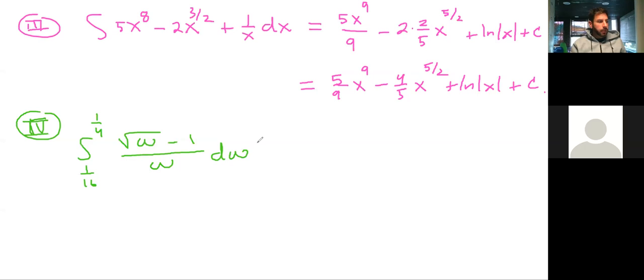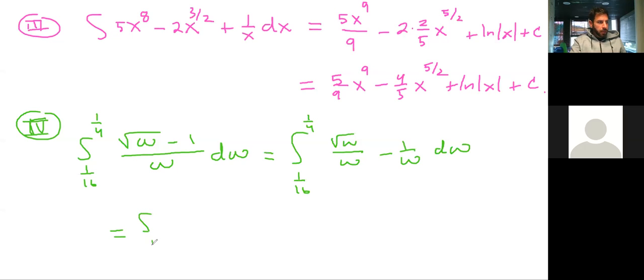Now, this particular one, it's not at all obvious what the antiderivative is. So what you see is, oh, I got to do some work. One of the things that I'm going to do is some algebra. I'm going to recognize that I can rewrite this as the square root of w over w minus 1 over w, dw.